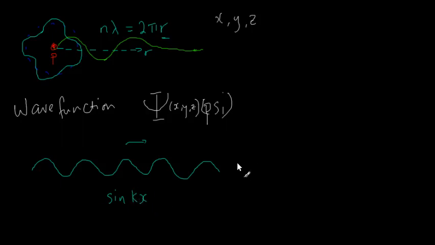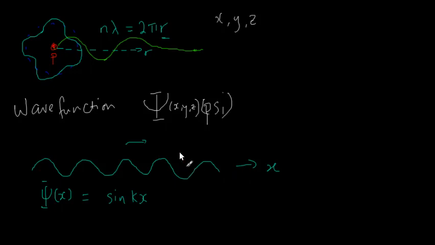And this is just in one dimension. If I just think about a wave going along the x direction, I can think that this function is the wave function as well. So just a simplified sine function in one dimension: psi of just x, just one variable instead of x, y, z. So this is a lot simpler. Just psi of x, a function of x, and it's just our familiar sine function. So that can be a wave function as well.